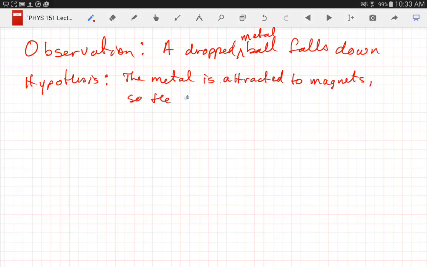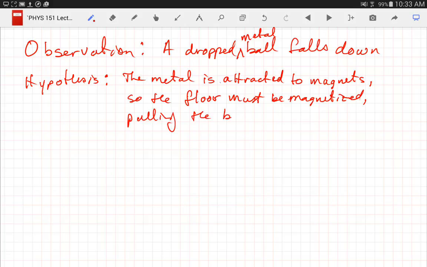So the earth must be, let's say the floor, must be magnetized. Pulling the ball down.